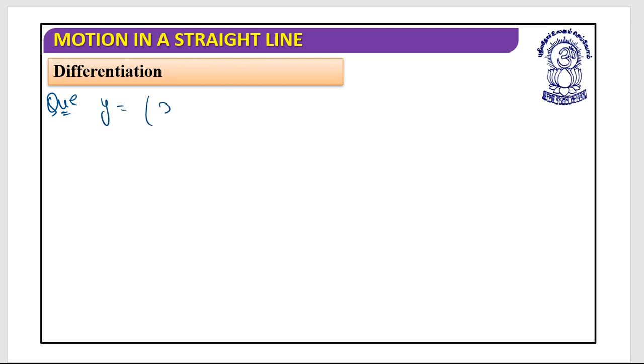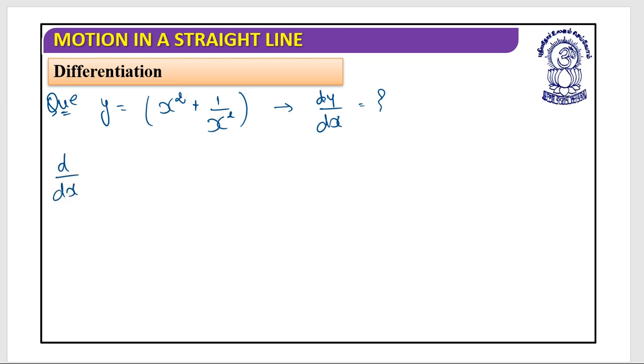y is equal to x square plus 1 by x square, and they ask to find dy by dx. It's the differentiation of y with respect to x. So what would it be?